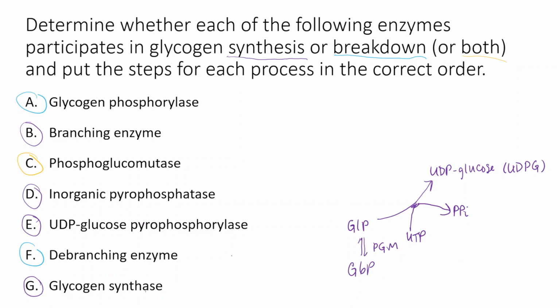Of all the enzymes in this list, which one sounds like it does that? Yeah, exactly. So this is UDP glucose. Maybe I'll change colors. Oops, not pyrophosphatase. So UDP glucose pyrophosphorylase is sticking the UTP onto the glucose and releasing the pyrophosphate.